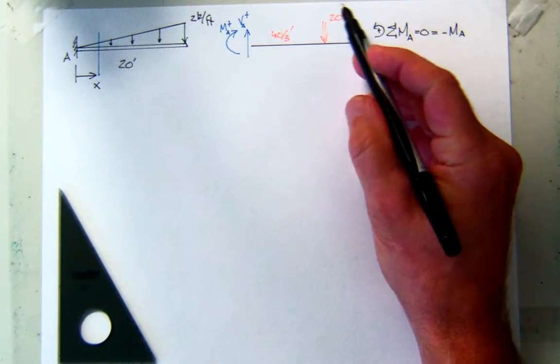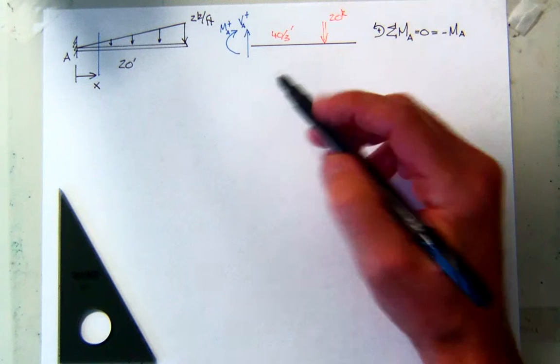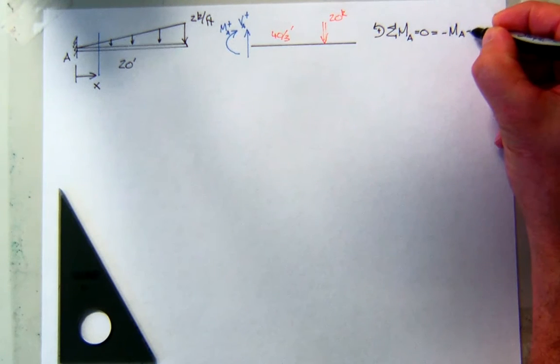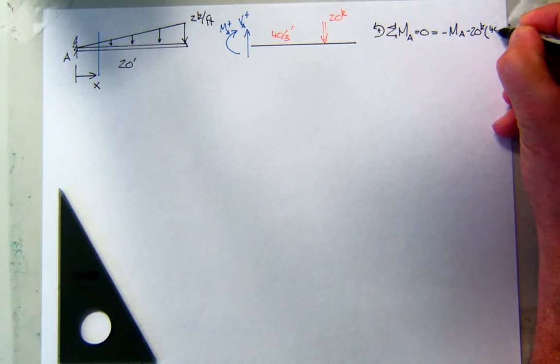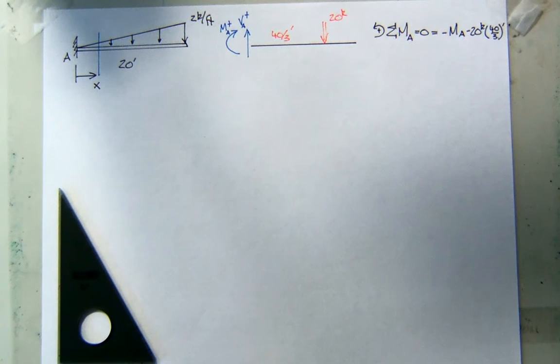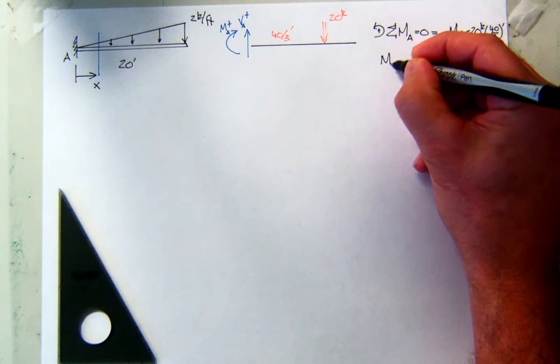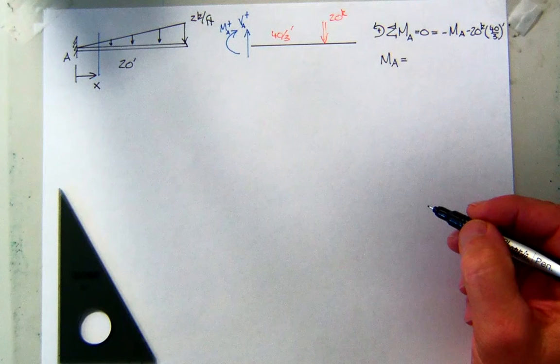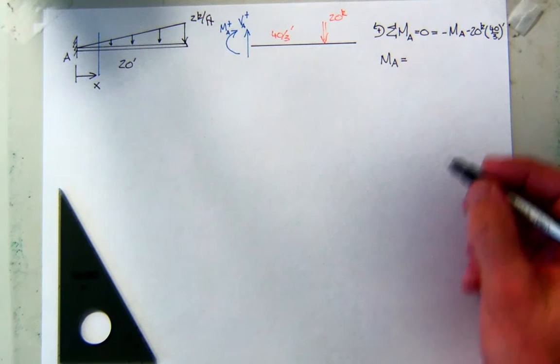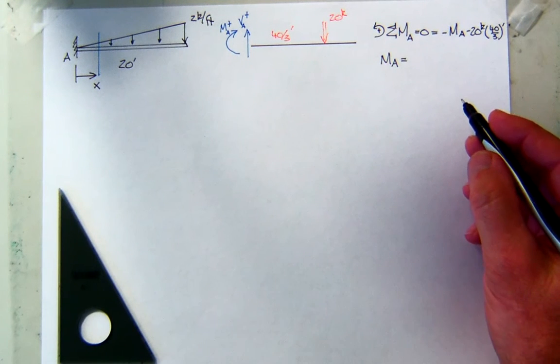The 20 kip equivalent force about A is also creating negative moment, and it has a moment arm of 40/3 feet. Sorry, I kind of jammed it in there. So the moment at A looks like it's going to be negative. I don't know, what is that going to be equal to? 266.7?